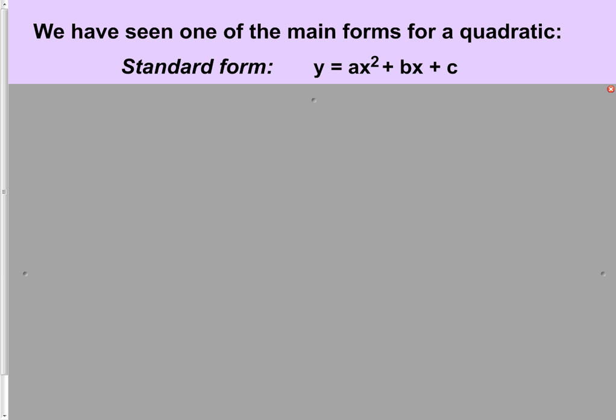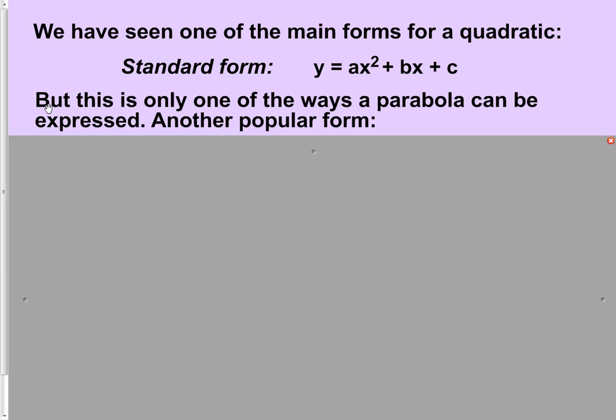The y-axis is just kind of a side effect of what the x-axis does. That's why they call x independent and y dependent. So all of the information regarding x is on one side of the equal sign. That's what we call standard form. We've worked with it before. But it's not the only way that a parabola can be expressed.